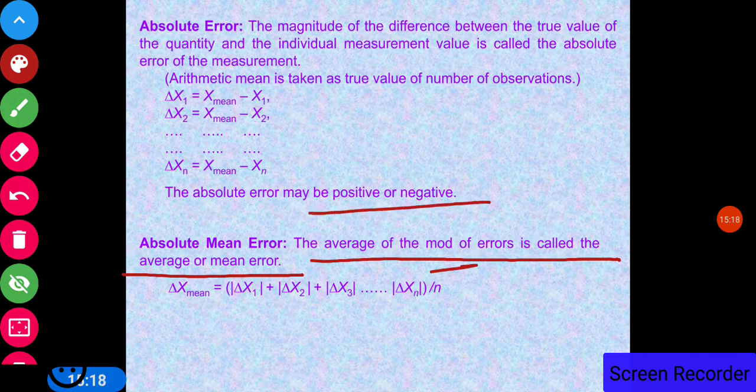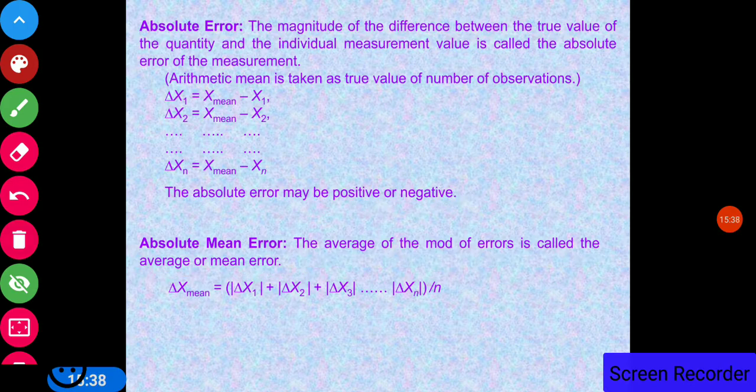Because the absolute error may be positive or negative, so you have to take the mod. Mod means you drop the negative sign and consider only the positive sign, add all the absolute values, sum them, divide by n, and you get the absolute mean error.